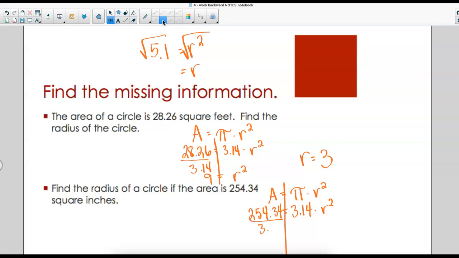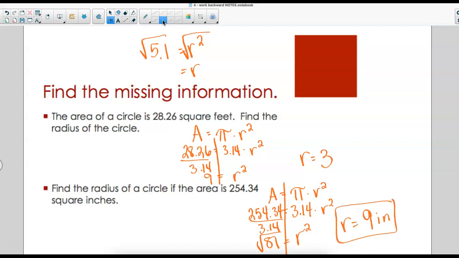Divide by 3.14. 254.34 divided by 3.14. I get r squared equals 81. So it'd be 9 because the square root of 81, we get r equals 9 inches.